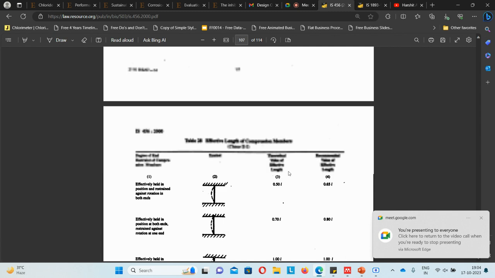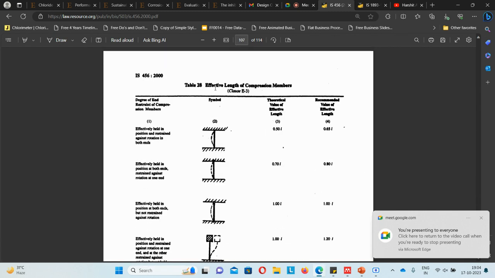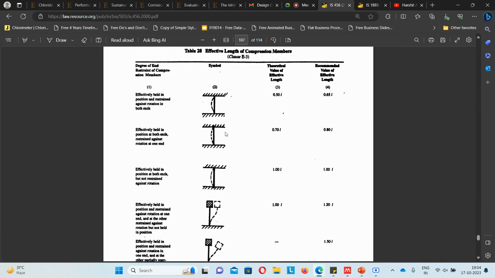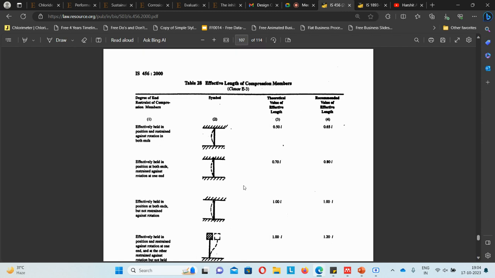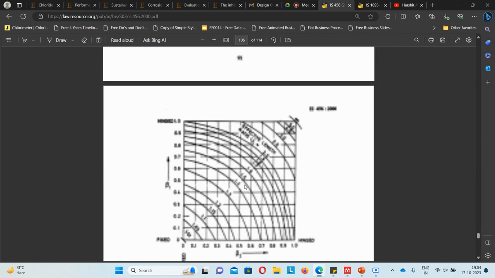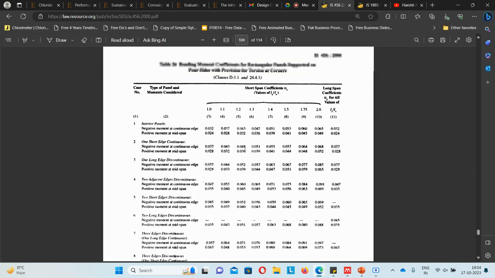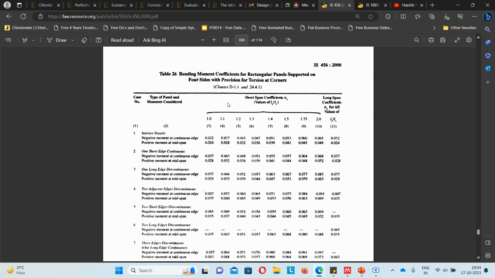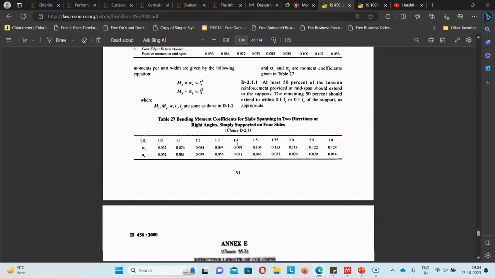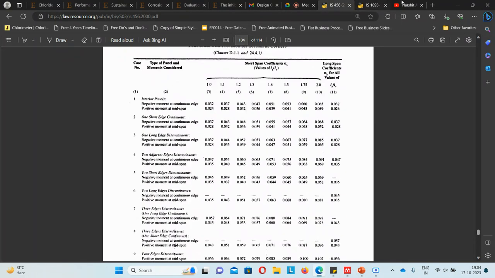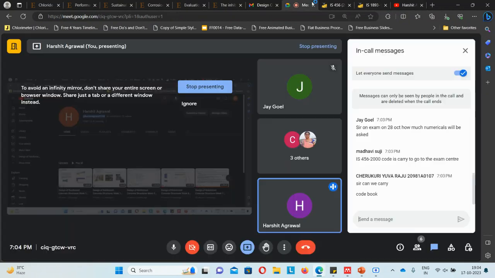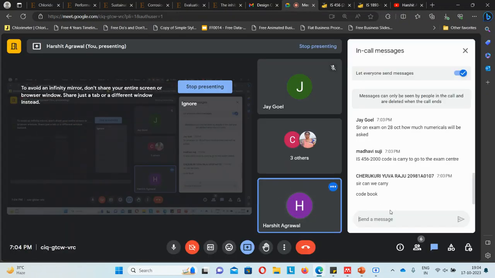Suppose I need to refer to this table for calculating the effective length, so Table 28 would be there in the question paper, or these charts for effective length, or when we need to calculate the coefficient of bending moment in the case of two-way slabs. Both of these tables would be mentioned if the code is not allowed. The clauses will be mentioned to you.